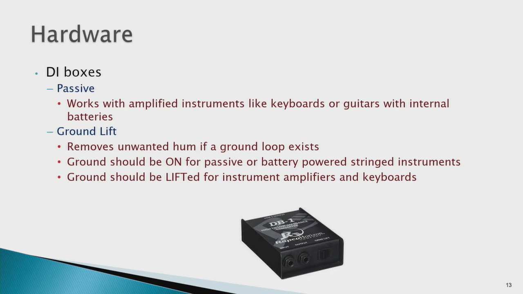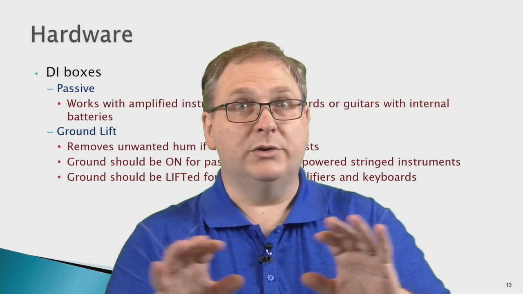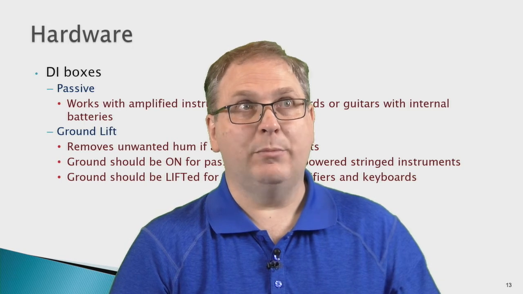And if you are using, let's say, an acoustic guitar, with no pedals and no power except maybe an internal battery, you would want the ground in the on or ground position in order to reduce any kind of hum. So that's how you would do this with the DI boxes.